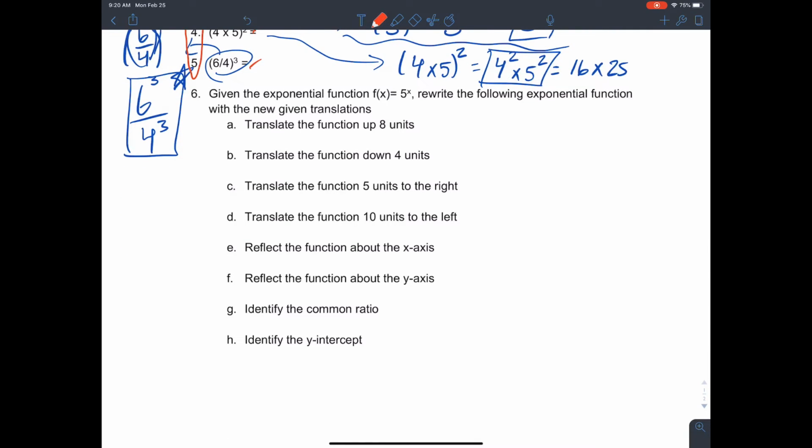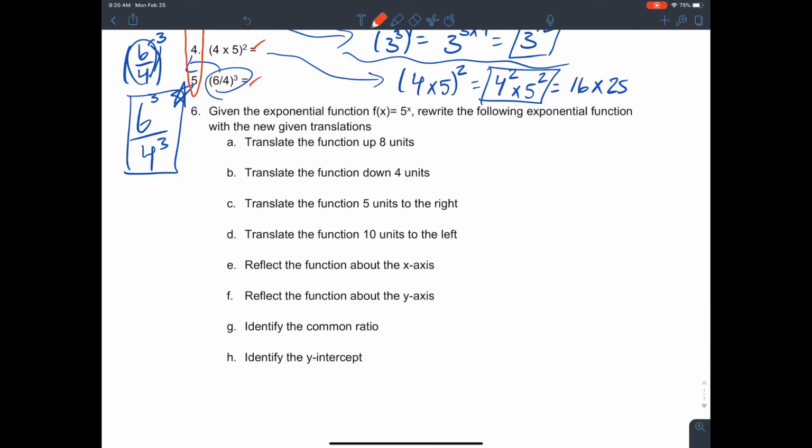Number 6. Given the exponential function f of x equals 5 to the x, rewrite the following exponential function with the new given translations. I'm not asking you to graph these. I'm asking you to translate them. Translate means to shift them. This is our base function right here.